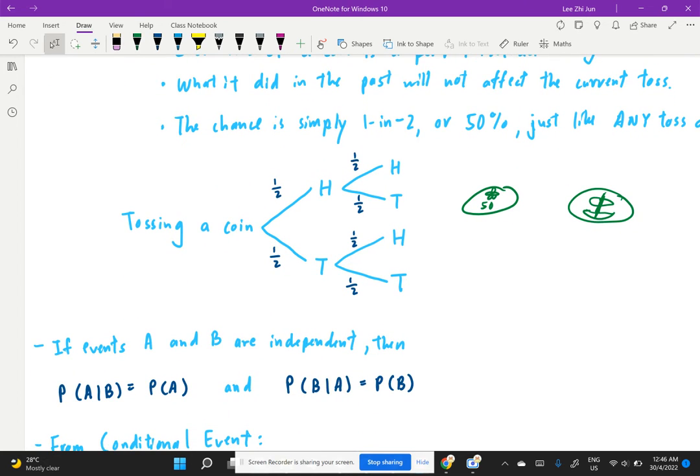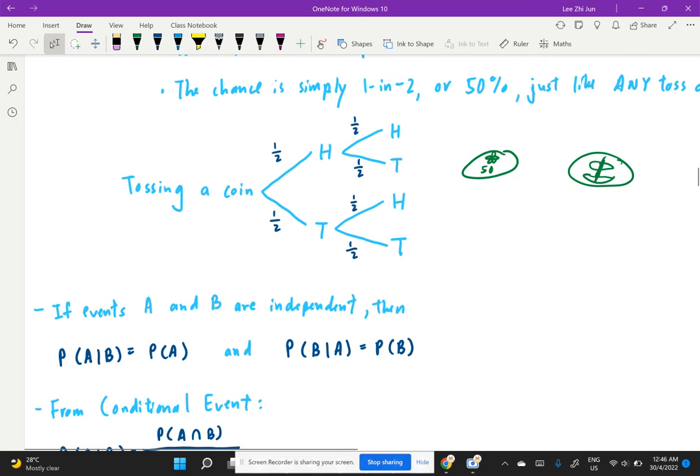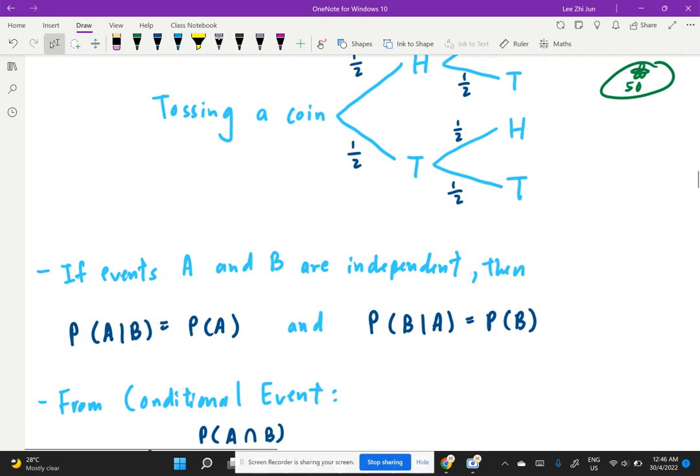So if events A and B are independent, then P(A|B) is the same as P(A). And the probability of event B given event A is also the same as the probability of event B. Because the event given is not affecting the probability, so they are the same.